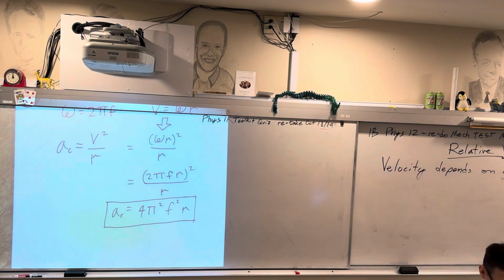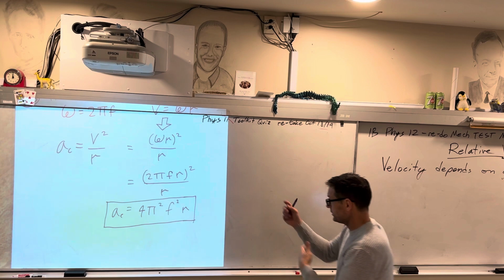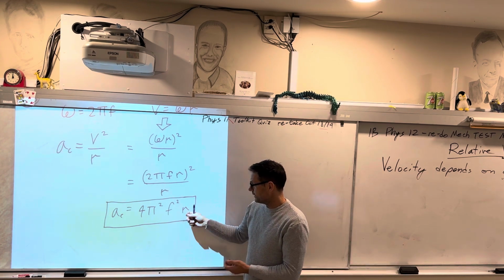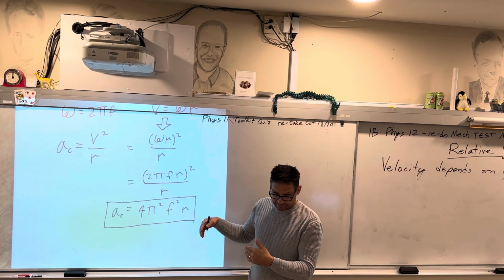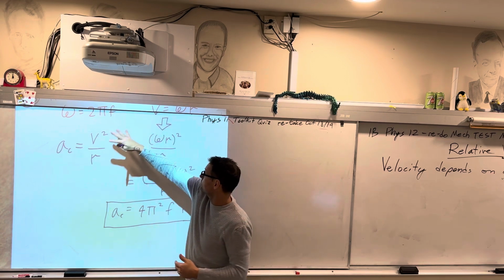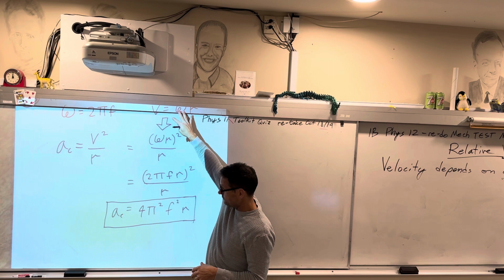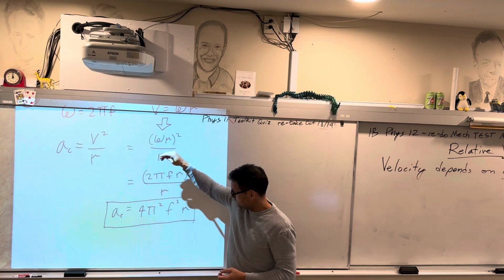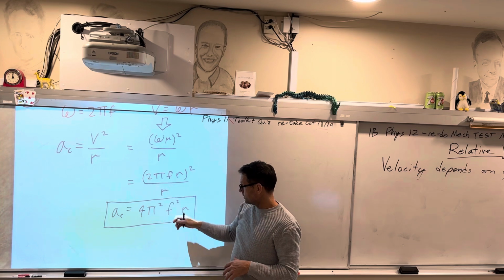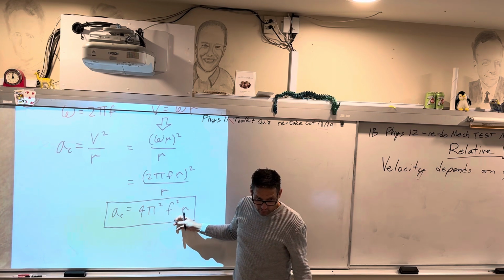Does that make sense? That is something that you need to keep in mind for when we do... I just want you to kind of see it. You might not remember the formula, but I just want you to remember how we got there. If you take omega and you take your velocity with omega, you can then throw that into centripetal acceleration and come out with a formula.